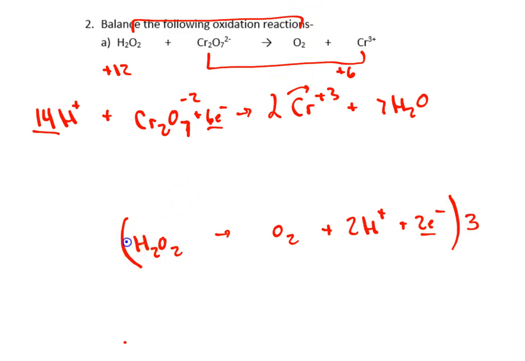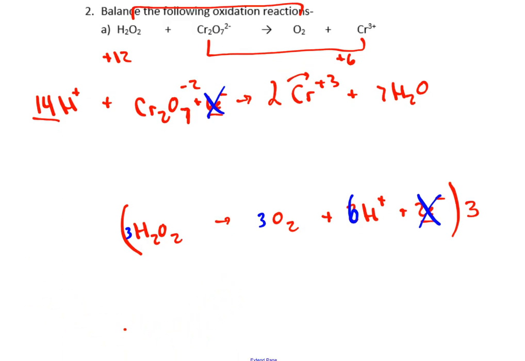So 3. So I don't want to write it over. 3. And change this to a 6. Are you okay with that? I'm going to cancel this out and just cancel that out. Good so far? Okay. This is so much fun.